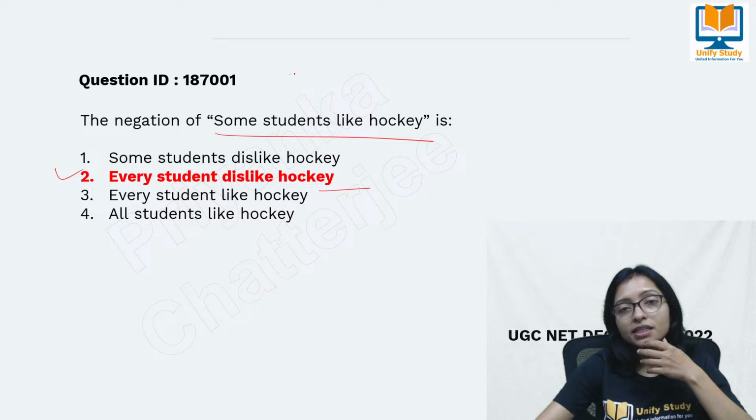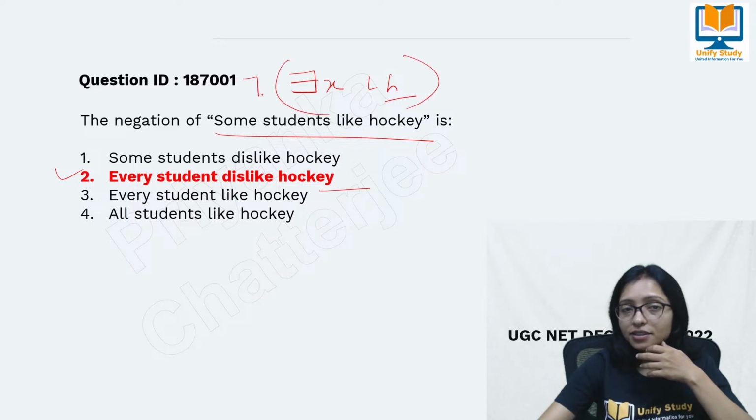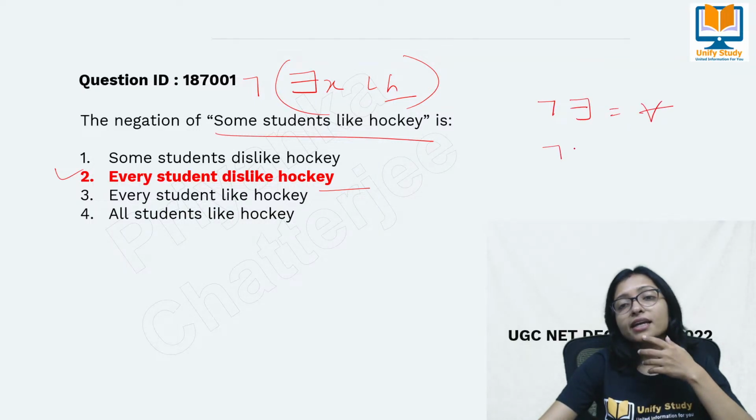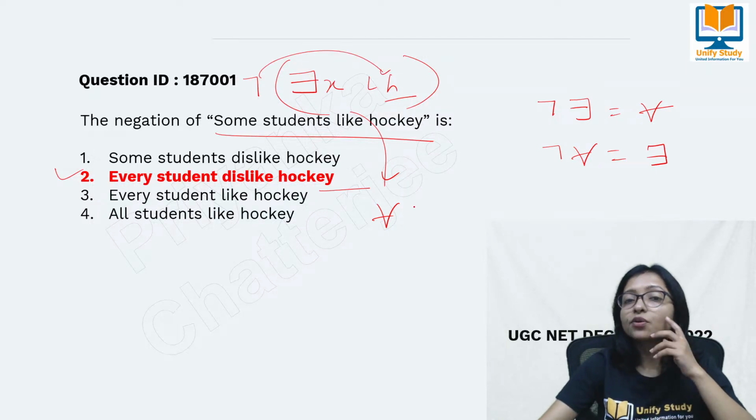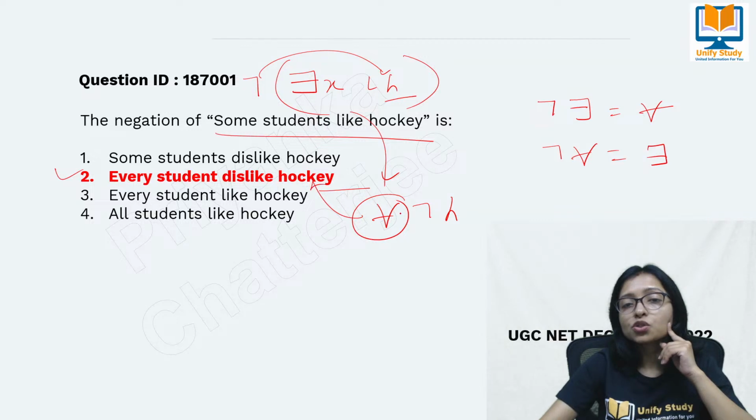Some student means there exists x who likes hockey. Now I am taking the negation. Always remember, negation of there exists changes to for all, and negation of for all changes to there exists. So this there exists will change to for all, and the negation will be added to hockey. That is the rule.